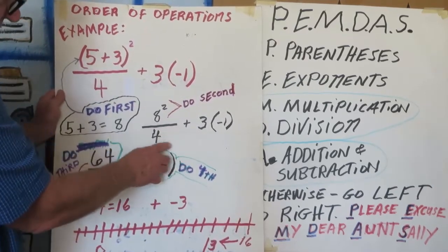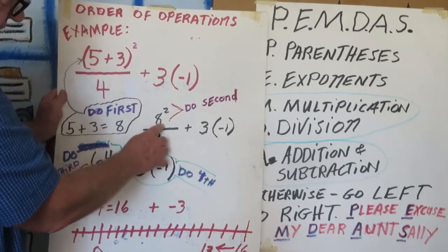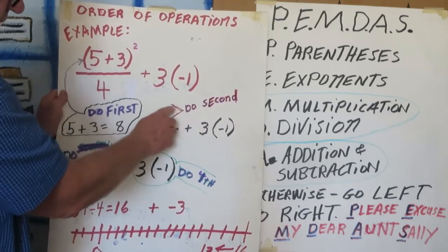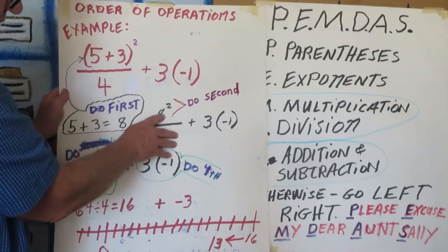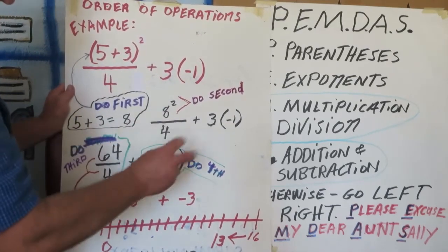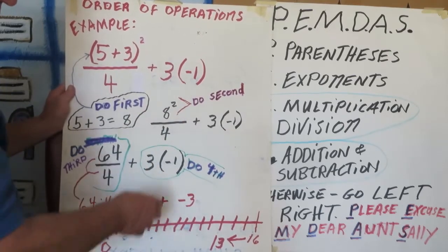So in the second step of the problem, we get rid of the exponent. And remember, 8 to the second power is the same as 8 times 8. It's 8 multiplied by itself twice.